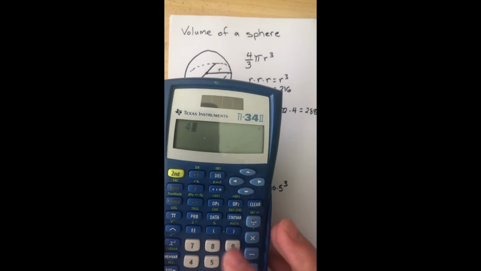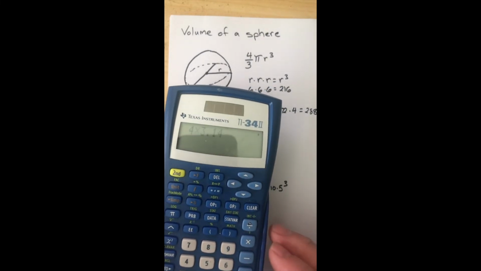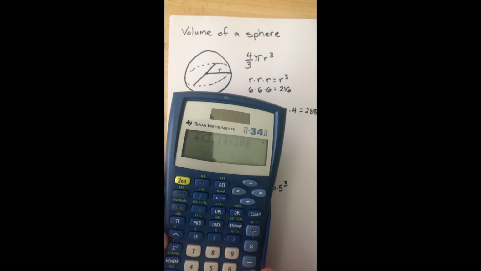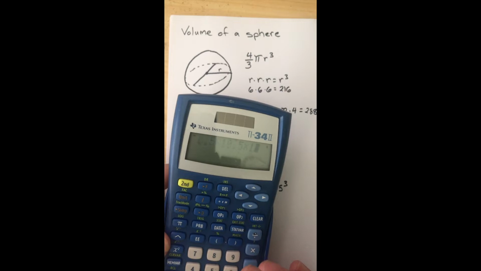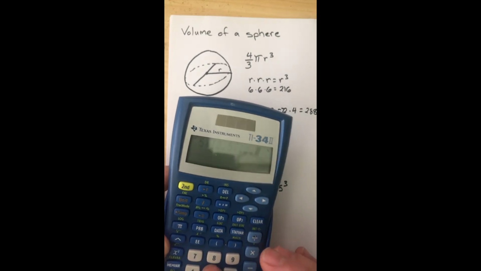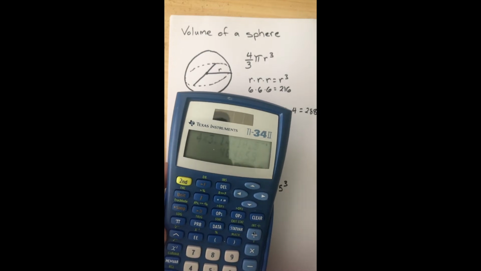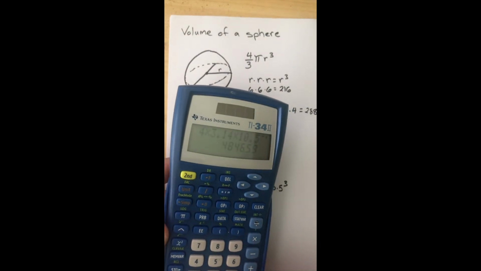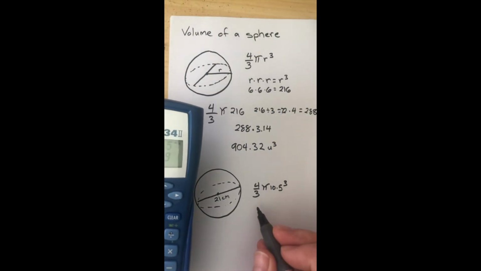So it's going to be 4 times 3.14 times 10.5 times 10.5 times 10.5. And divide that all by 3 at the end, and let's see what happens. Is that the right answer? 4,846.59. Sounds good to me.